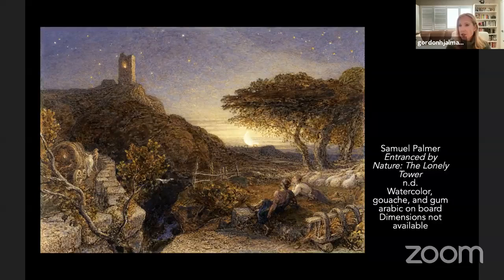Palmer was not religious as was Constable in the same sense of being devoted to the Anglican Church, but he had this kind of spiritual interest, and he feels that there is enlightenment to be gained. And in this tower, it is said that enlightenment will be revealed, and it's actually like a little lantern that lights up this single tower, and that's why it's called Lonely.